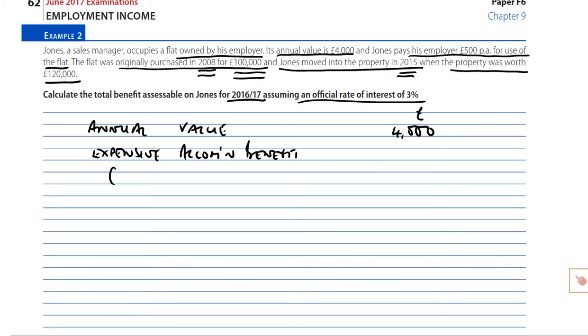So the expensive accommodation benefit, therefore, we've seen that we use the market value when provided to this employee rather than original cost, minus the expensive accommodation cut-off limit of 75,000, times the official rate of 3%. So 120 minus 75 is 45,000 times 3%. That I think is £1,350.